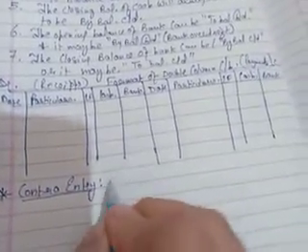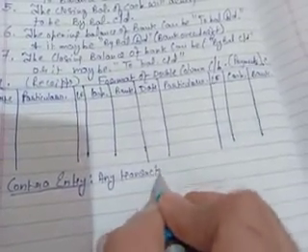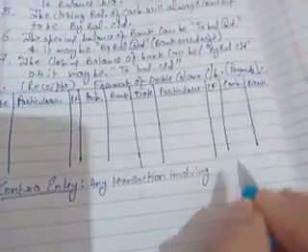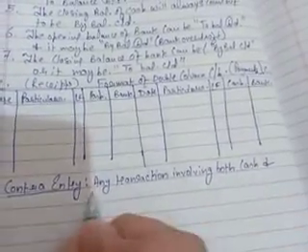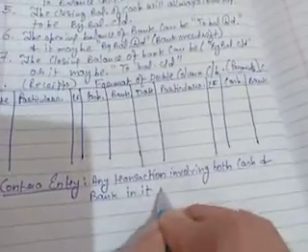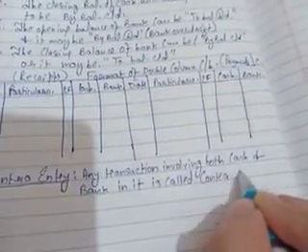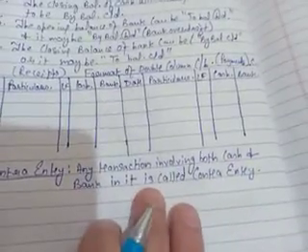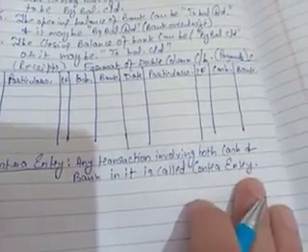Contra entry means any transaction involving both cash and bank in it. This can be a multiple choice question also, a 1 mark question. Any transaction involving both cash and bank in it is called contra entry.